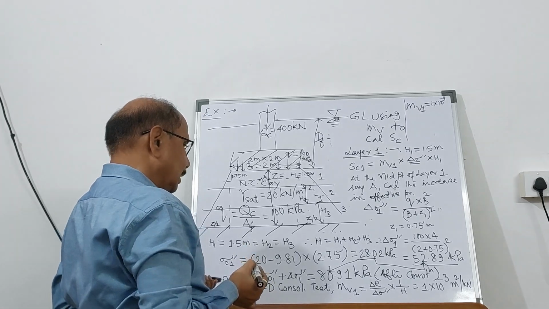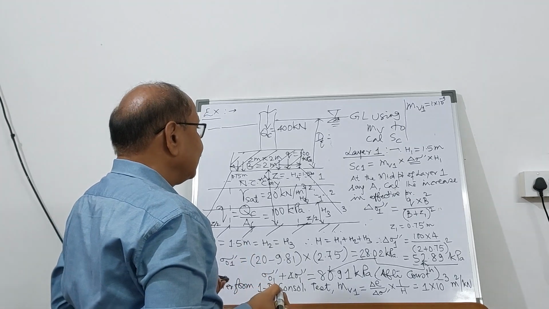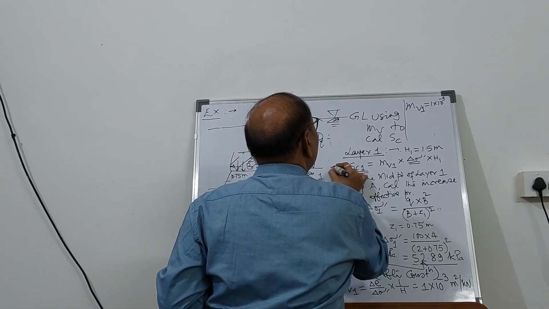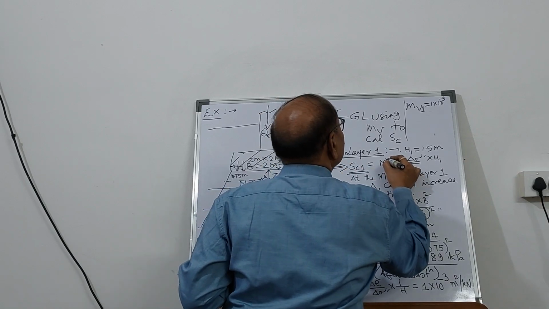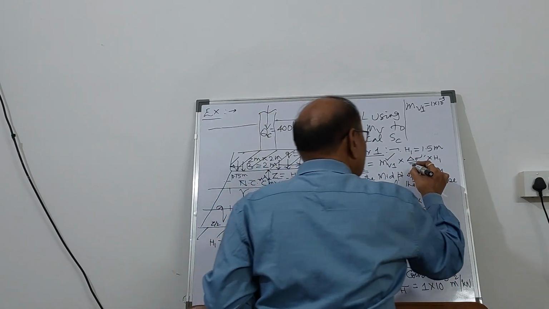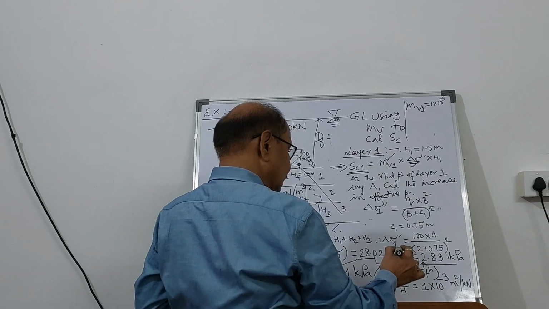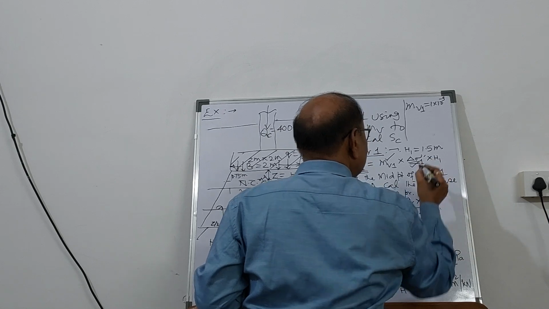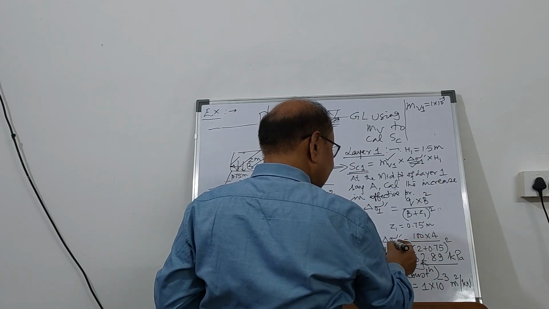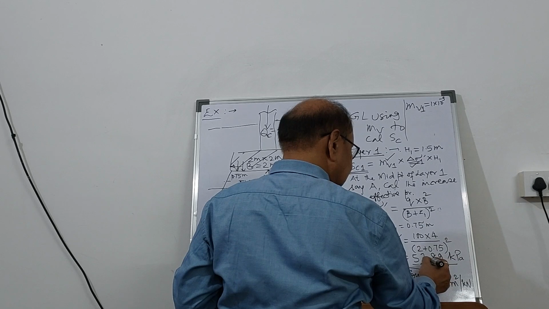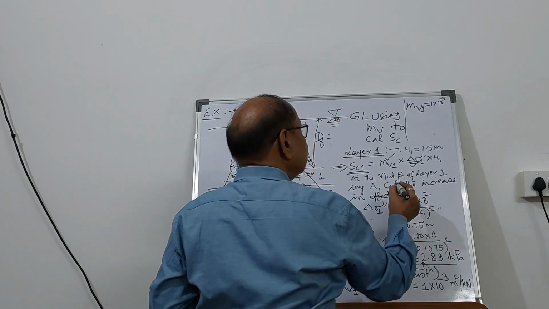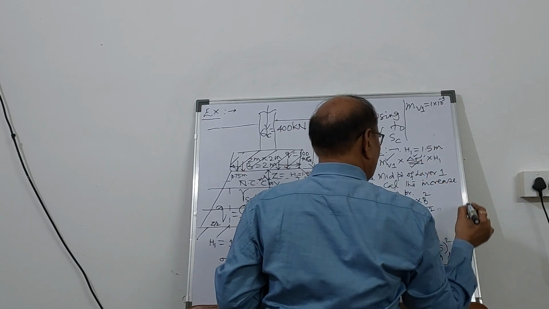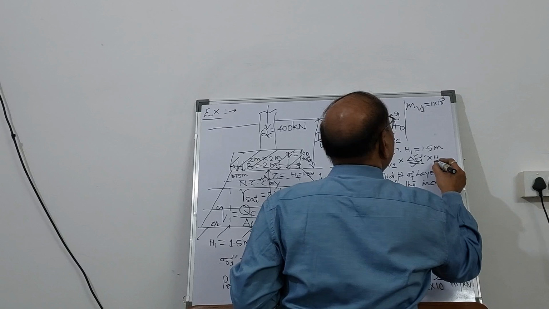If I want to calculate this SC1 now, I know MV1, and I know the increase in pressure at the midpoint, delta sigma 1 prime, which is 52.89.